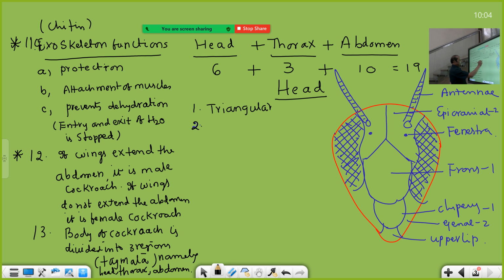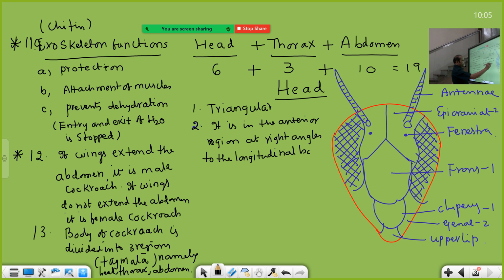So here the second point is, it is located in the anterior region. Same sentence is there in the NCERT. It is in the anterior region at right angles to the body axis. At right angles, you should write down this. At right angles to the longitudinal body axis. Observe the NCERT book, same sentence.